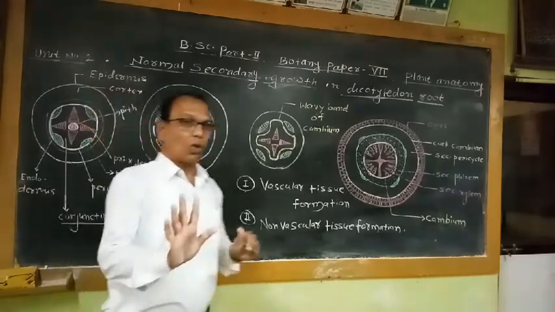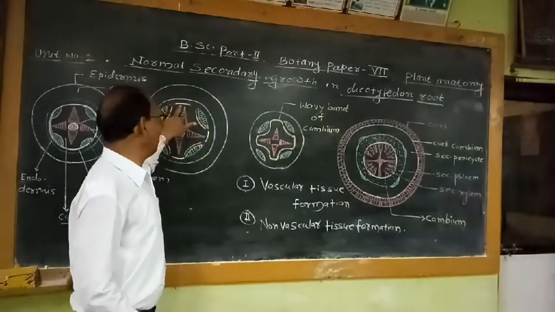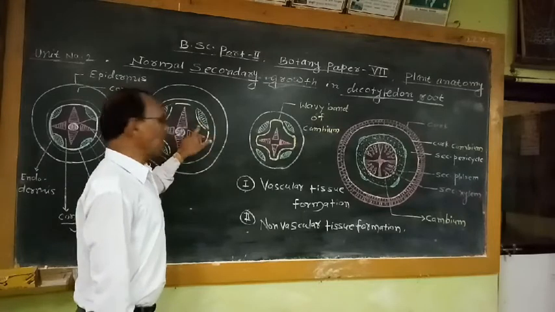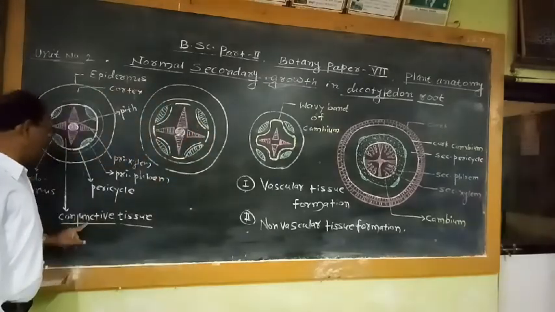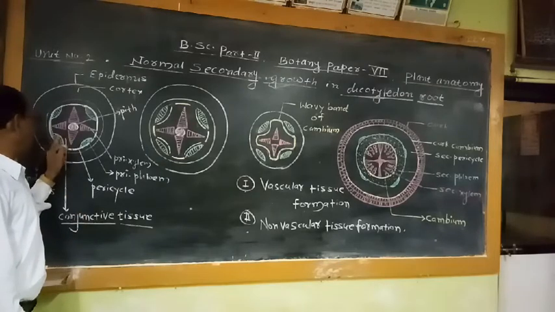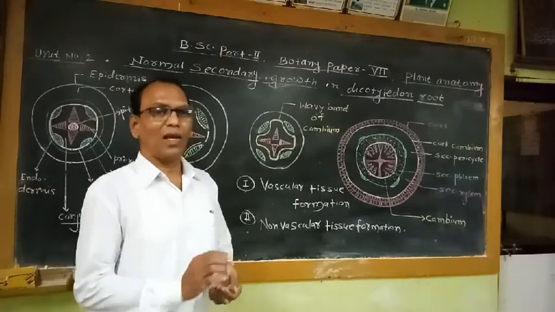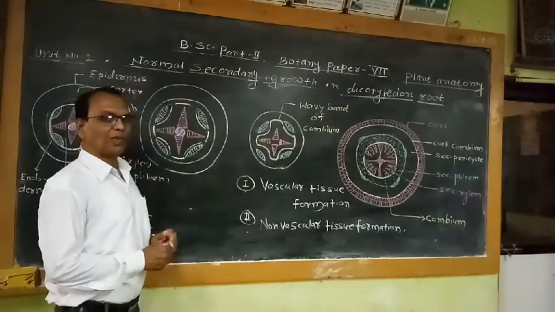That means a total of 8 strips of cambium are developed. 4 strips are developed from pericycle opposite to the protoxylem and 4 strips are developed below the phloem bundle from conjunctive tissue, the tissue located in between phloem and xylem bundle.